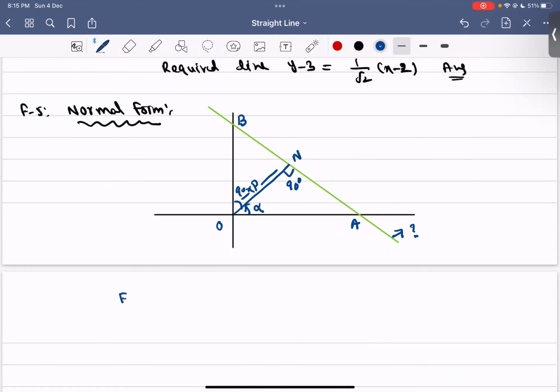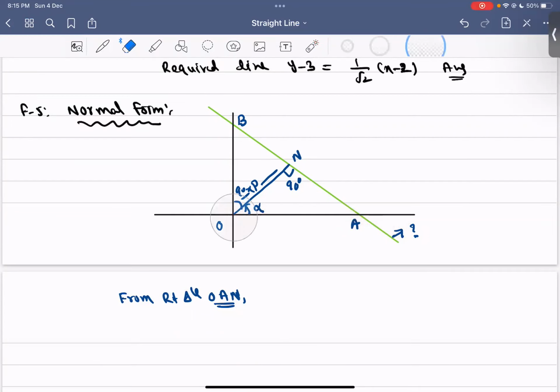First, from right triangle OAN, I need this distance OA, because if you calculate OA, then you will get the x coordinate of A; the y coordinate is anyway 0 on the x-axis.